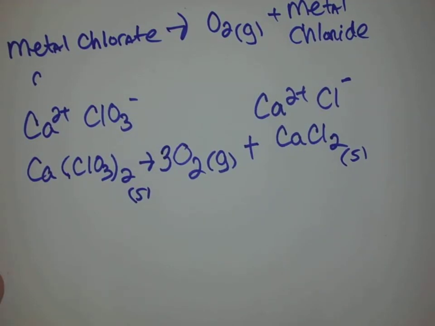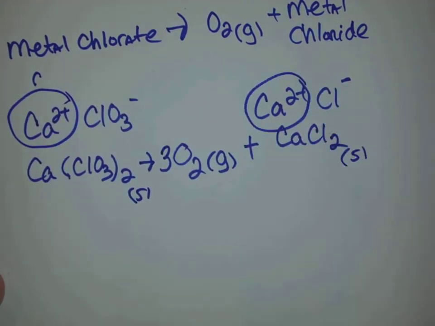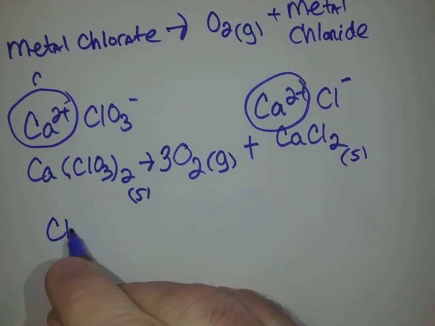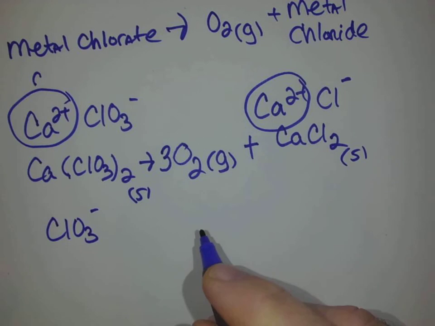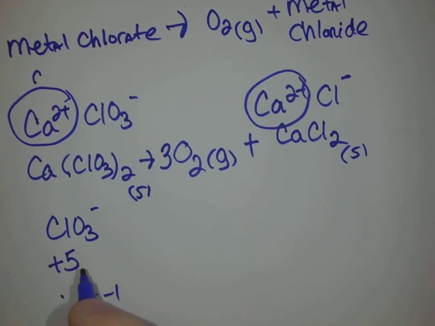Now, this is a redox reaction. As you can see, the calciums are not changing, so the metal is not a part of the redox. What's a part of the redox is the chlorate, because over here you have chlorine at a +5. This has to equal -1.